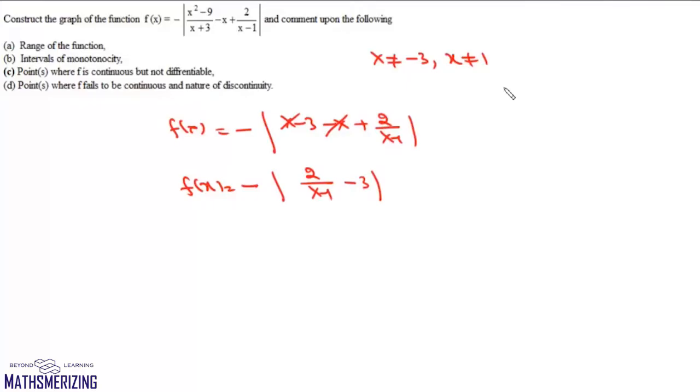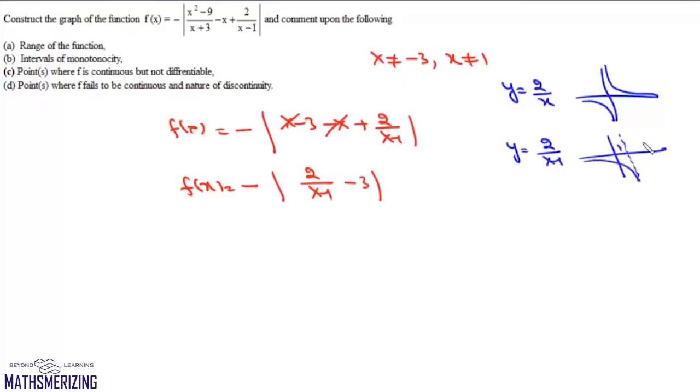We'll start with the basic graph, which is y equals 2 by x, which is a standard rectangular hyperbola. Now we'll draw the graph of y equals 2 upon x minus 1. We'll shift the entire graph plus 1 unit. So this is 1. And then we'll draw the graph of y plus 3 equals 2 upon x minus 1.